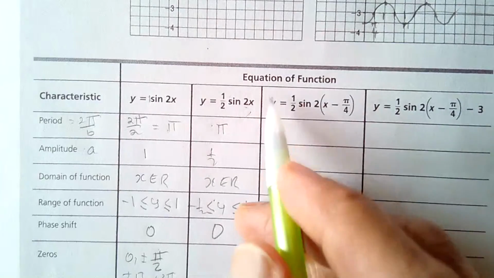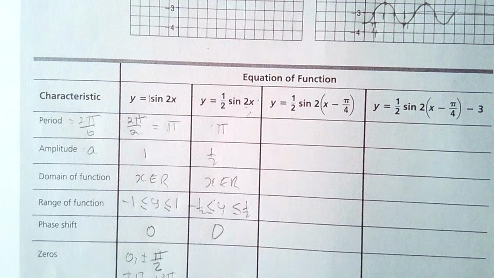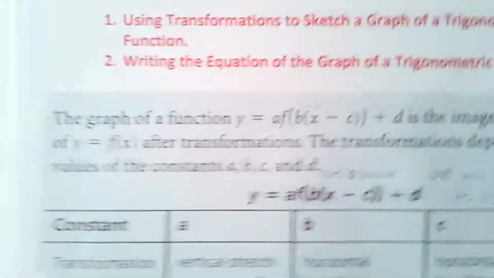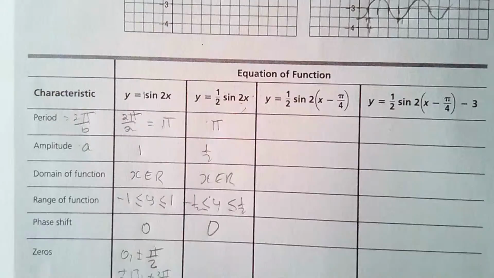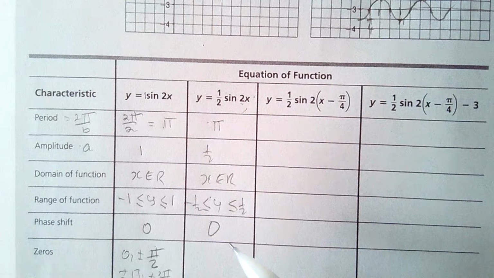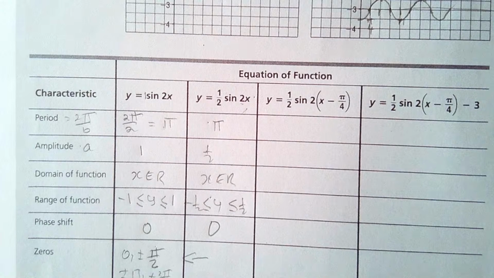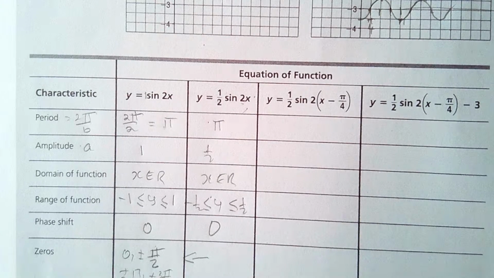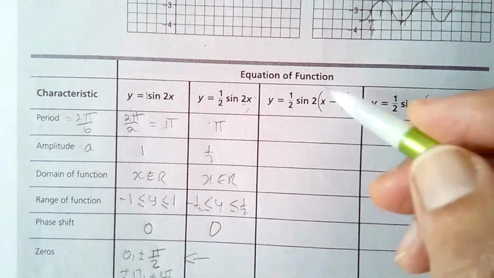Because there's no C here. If you go back to our initial formula, your C is a phase shift. There's none here. And the zeros would be the same as here. Okay, I'll let you complete the rest here.